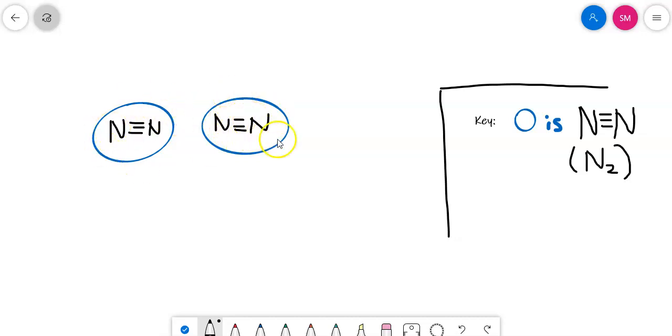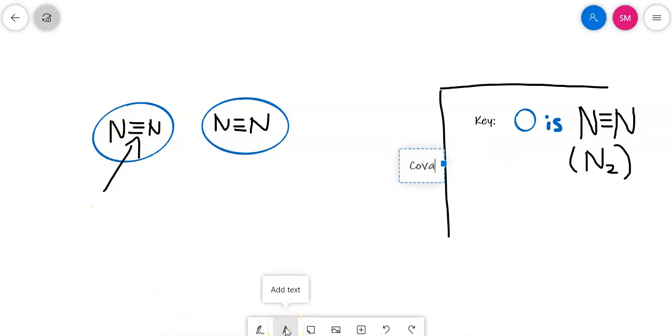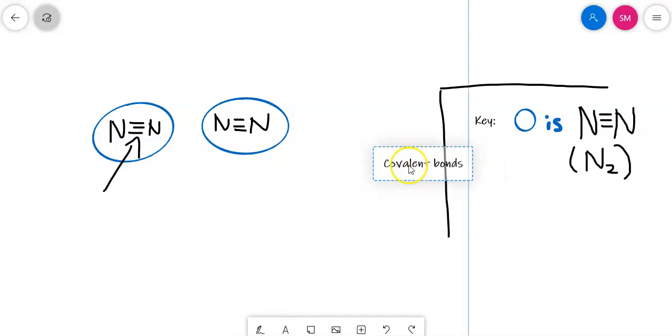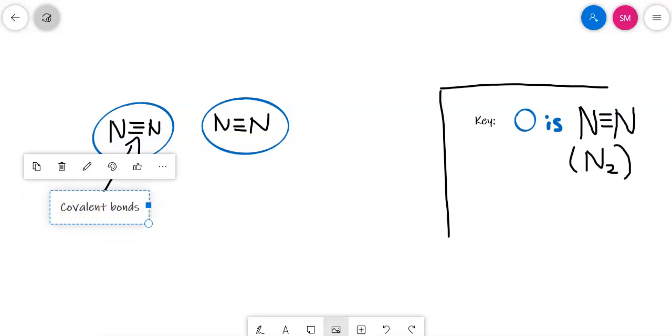So we've got two nitrogen molecules here. So it's the forces between these molecules that are important when we're talking about melting and boiling points. So there are actually two different types of bonds or forces that we are looking at here. So first of all, this is what we've gone over previously in previous videos, is the bonds between these nitrogen atoms. So those are called covalent bonds, and you might also see them referred to as intramolecular forces.